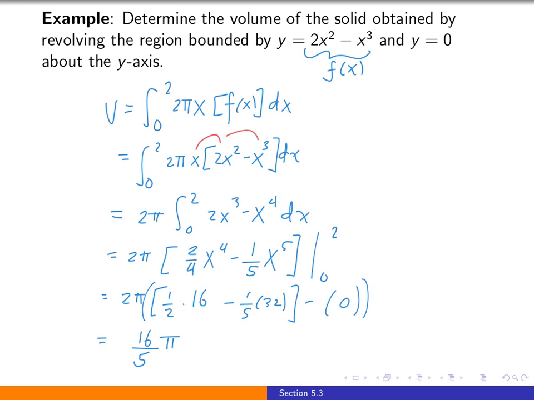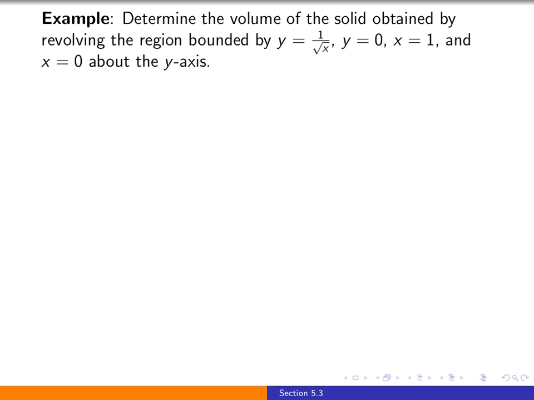So let's look at another example. Let's determine the volume of the solid obtained by revolving the region bounded by the curve y equals 1 over root x.